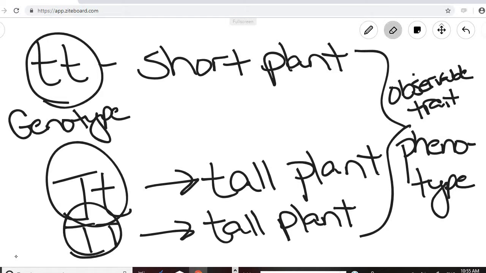A couple of other terms. If the two letters in the genotype are the same, then we say that that organism is homozygous for that trait.